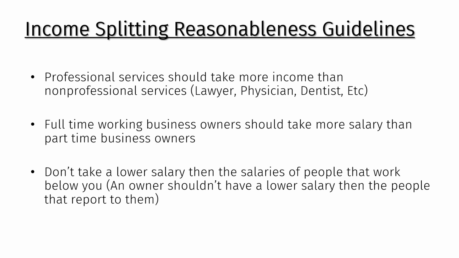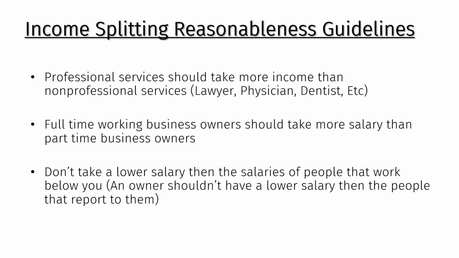I think it's reasonable to say they should have to take out less salary than someone where this is their main gig, working 40, 50, 60 hours a week. So this is something where you can look at some different ways of how to track what the income should be.